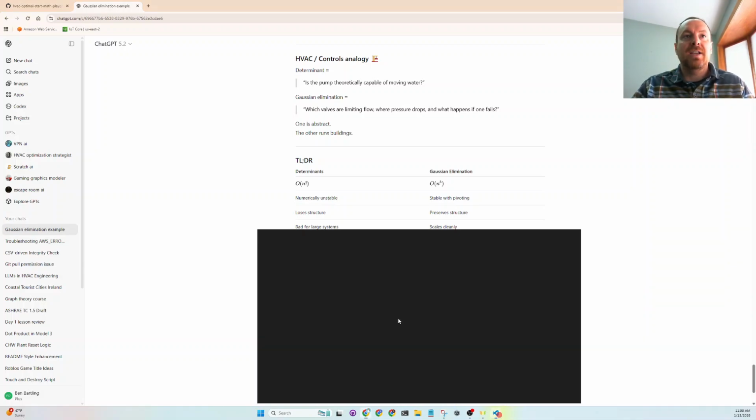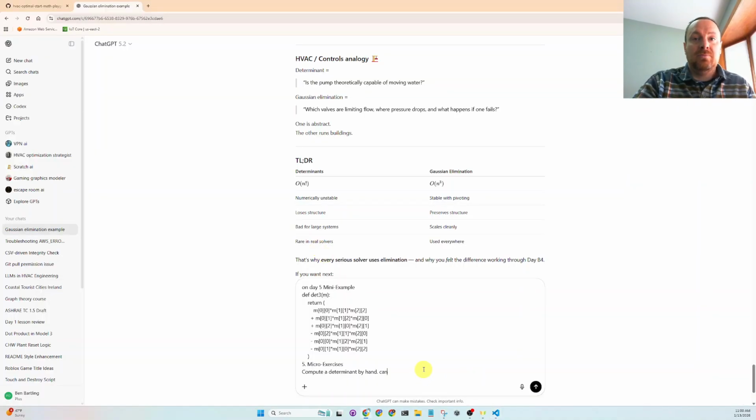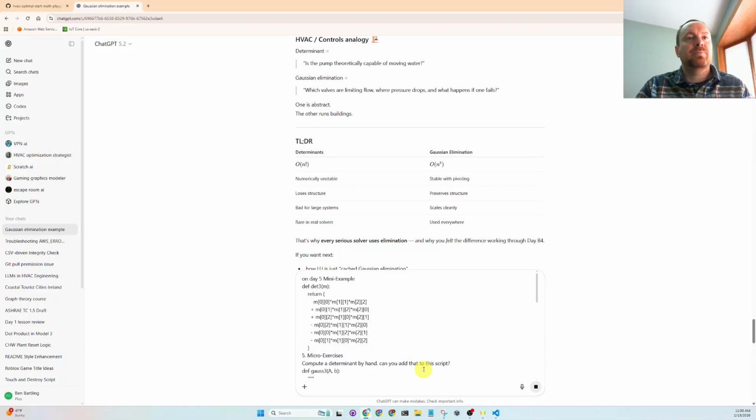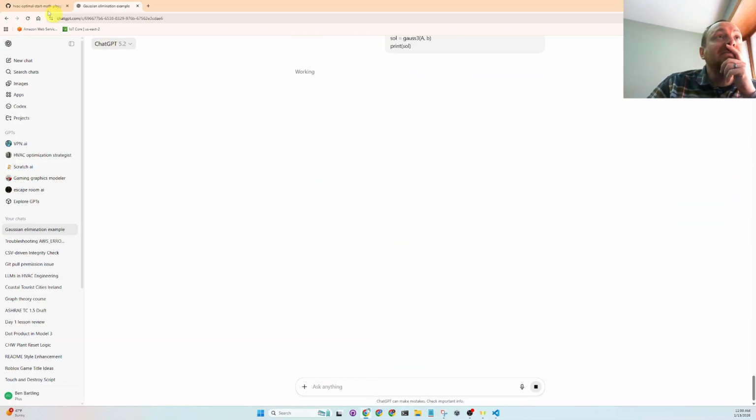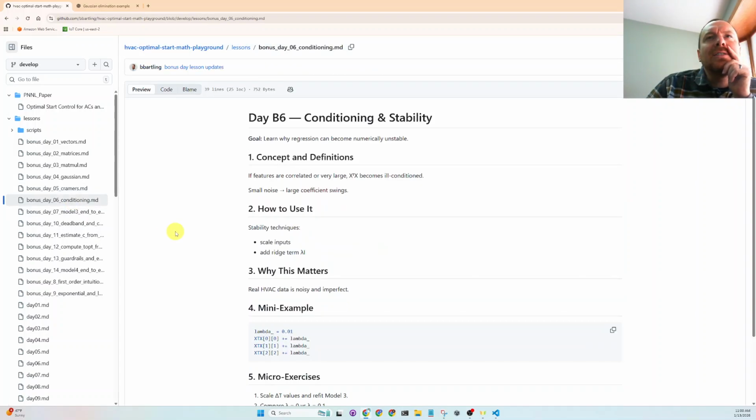Wonder if we can even add that to here. Can you add that to this script? Just kind of curious to even look at some of this.